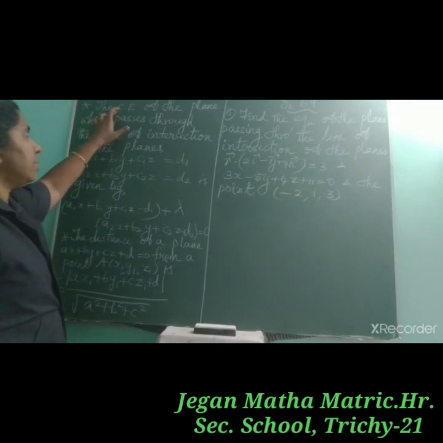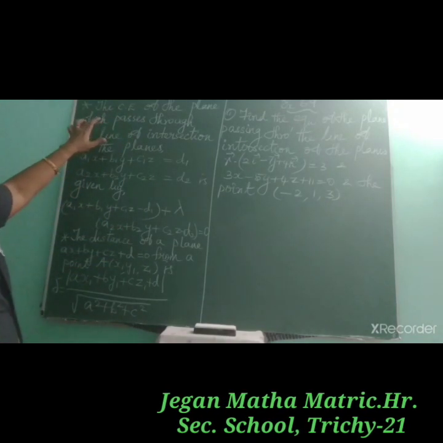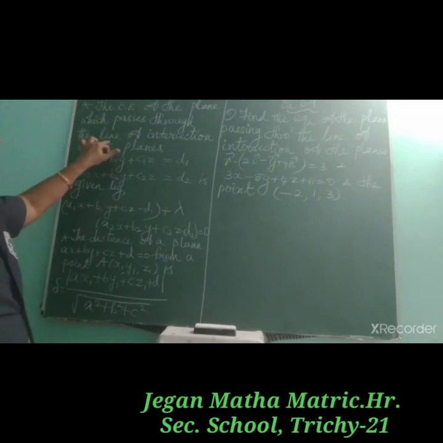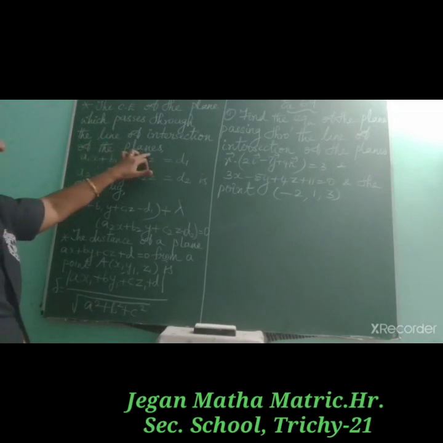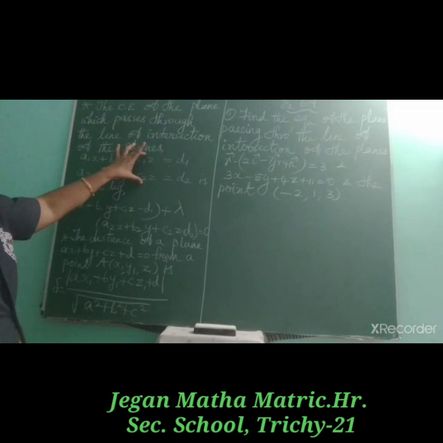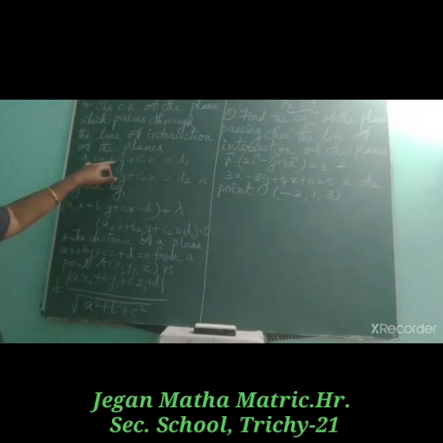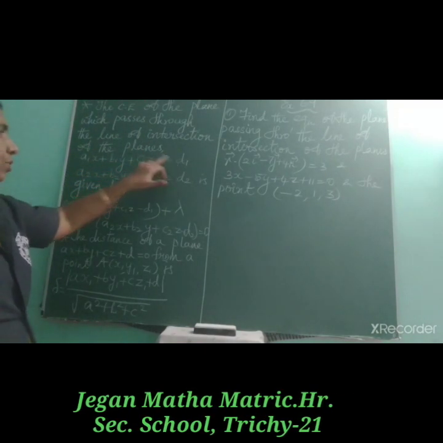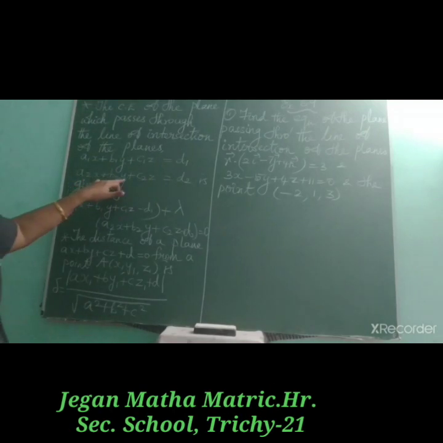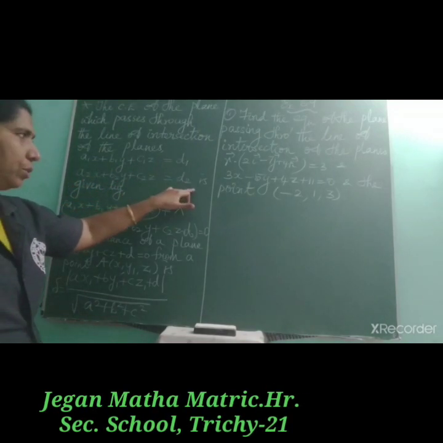So the first one is the Cartesian equation of the plane which passes through the line of intersection of the planes. The equations of the planes are given as a1x plus b1y plus c1z equal to d1, and a2x plus b2y plus c2z equal to d2.